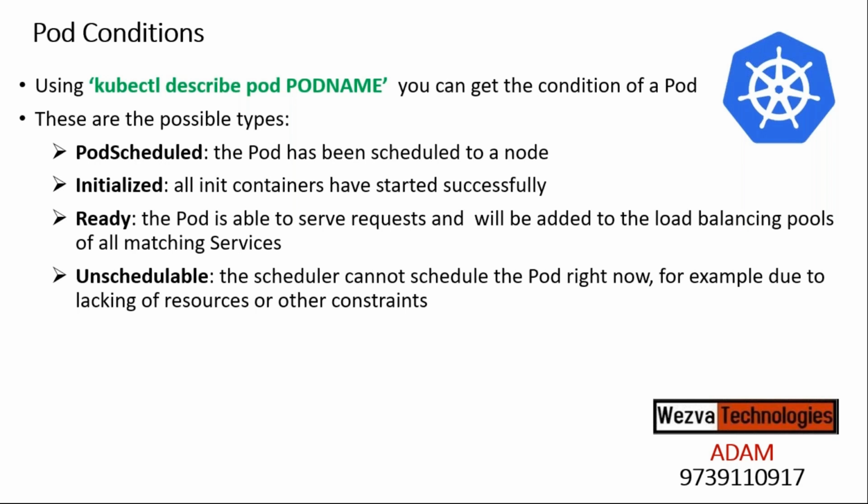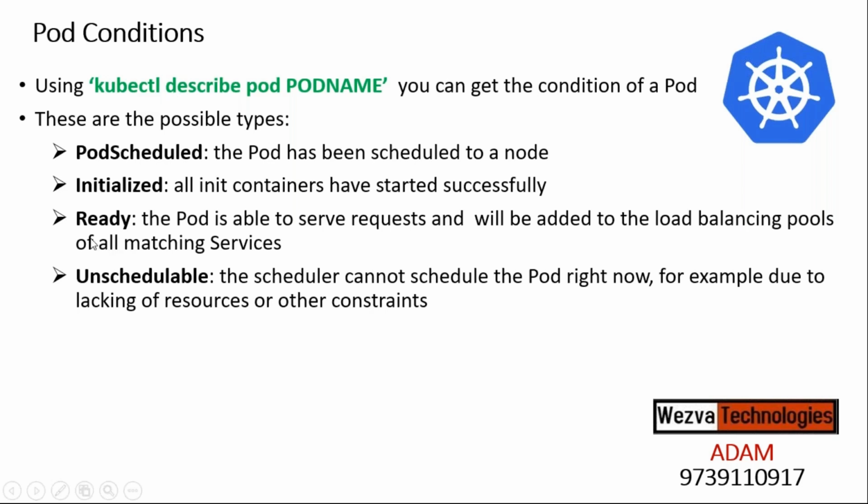The pod will be marked with the Ready condition only when the health check has succeeded. If it is not successful, the pod will never be allowed under your load balancing. If you try to access it, you will get a message saying there is no such port. That is when you should immediately come back and find out, by doing kubectl describe, whether your pod has moved to the Ready state.